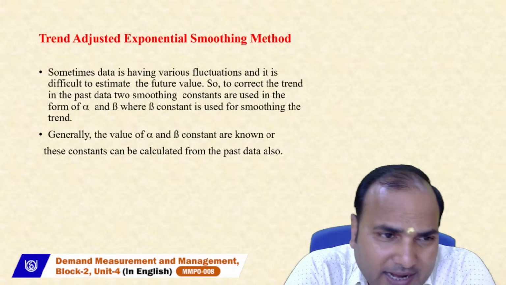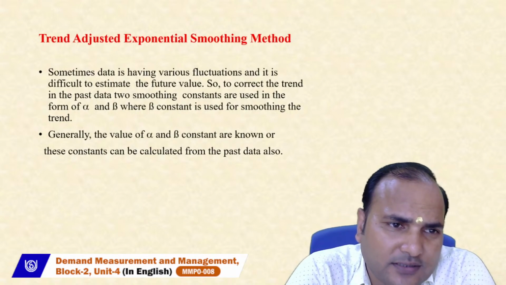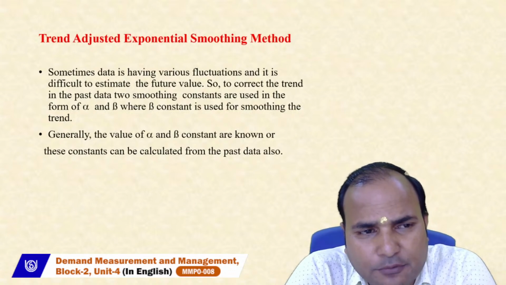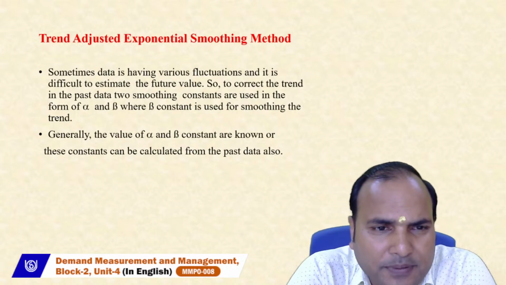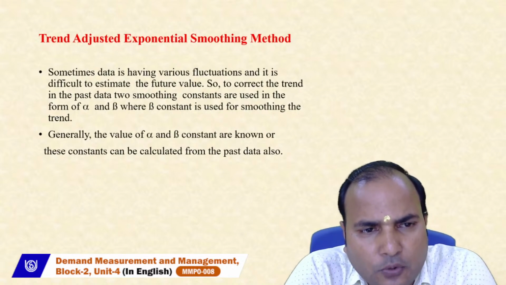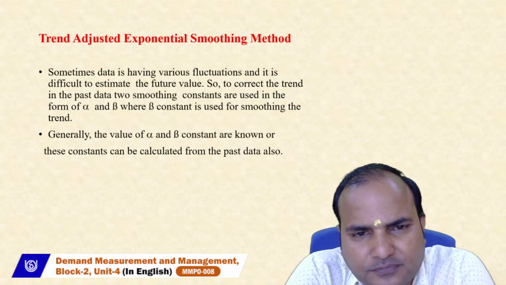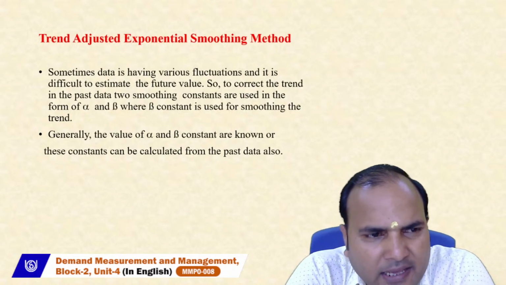So to correct the trend in the past data, two smoothing constants are used: one is alpha, another is beta, where the beta constant is used for smoothing the trend.